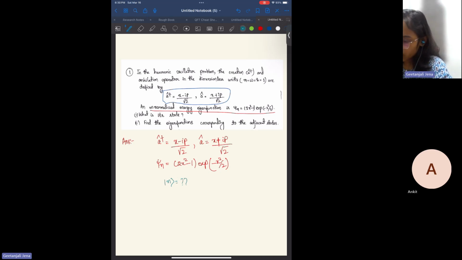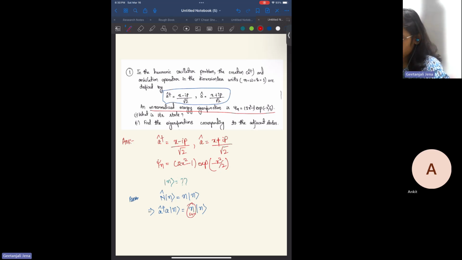Now in the introductory part, I told you that if the number operator N acts on a state n, then we will get an eigenvalue n with the same eigenstate. So if you act this number operator, then you can easily find out the quantum state of the system, which is n here, right?